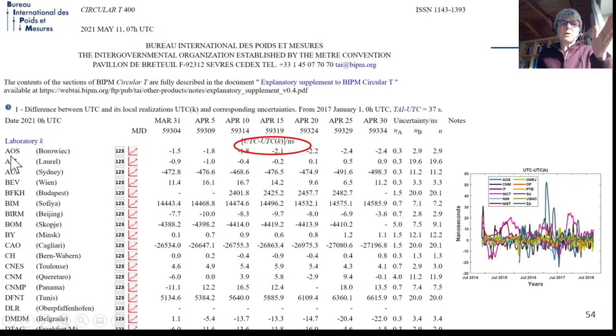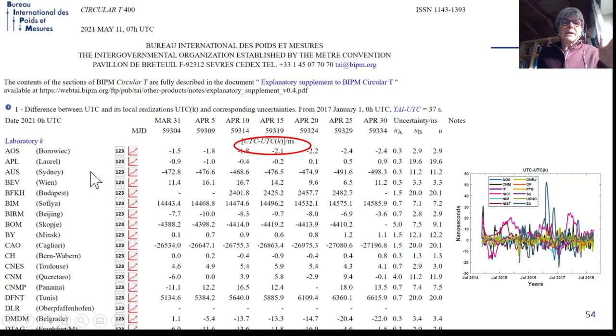We start from the first one, AOS in Poland, and you see that the difference of this local time scale with respect to UTC was in the region of 1.5, 1.8, 1.7 nanoseconds with this uncertainty.